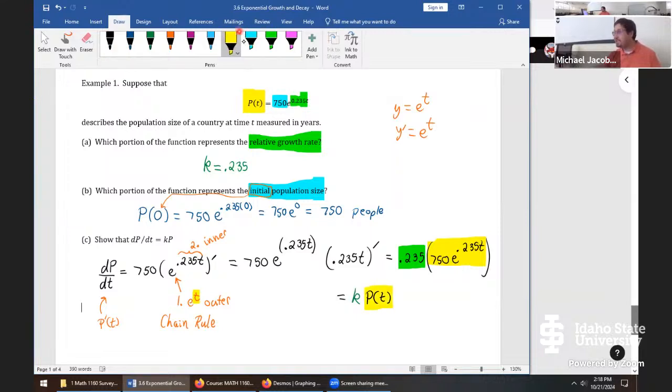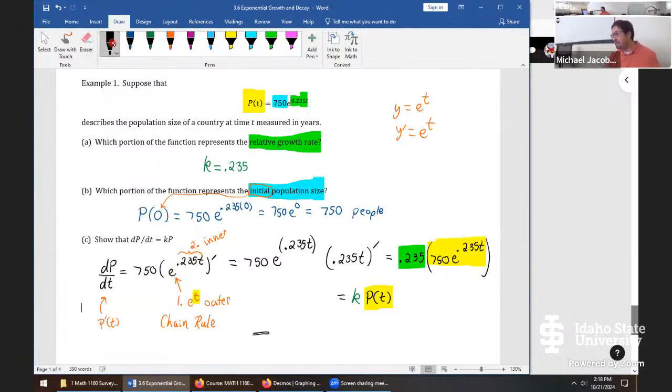So what we've said in essence is that from this part, that's the derivative of the population size with respect to time. And from this part, we just said it's proportional, there's the constant of proportionality, to its population size. So at any time t, the rate at which it grows is proportional to its own population size. So let's make an overall statement.